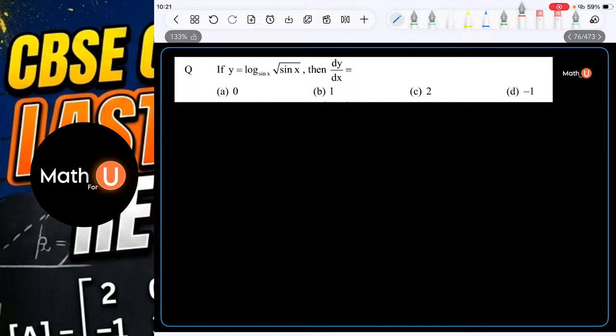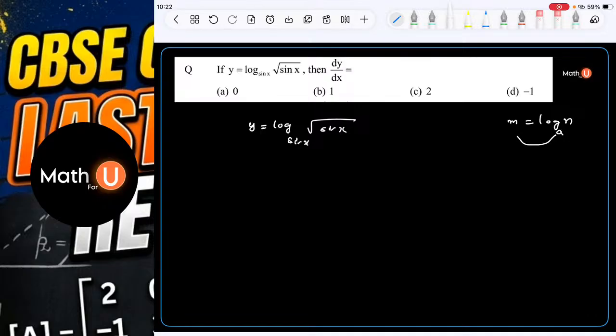Then, okay, this question is very important. See what is given here: y is equal to log base sin x of square root of sin x. The one thing you remember: suppose it is given like this, y is equal to log of something, say m is equal to log n to the base a.